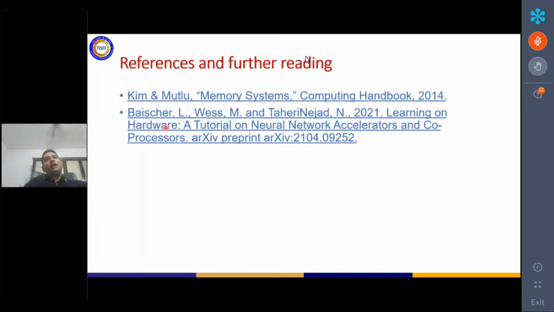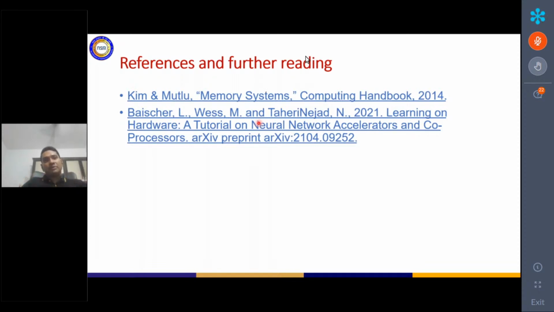To conclude, we have these references. You can see that we have the reference from Professor Mutlu, so you can learn about memory systems and the state of the memory technologies available nowadays, and of course the basics of neural networks, the specialized computation engines, their performance, and how scaling happens from the algorithmic innovation point of view as well as the system level point of view, and how we can merge them to get better, energy efficient computation, in terms of performance and high accuracy.